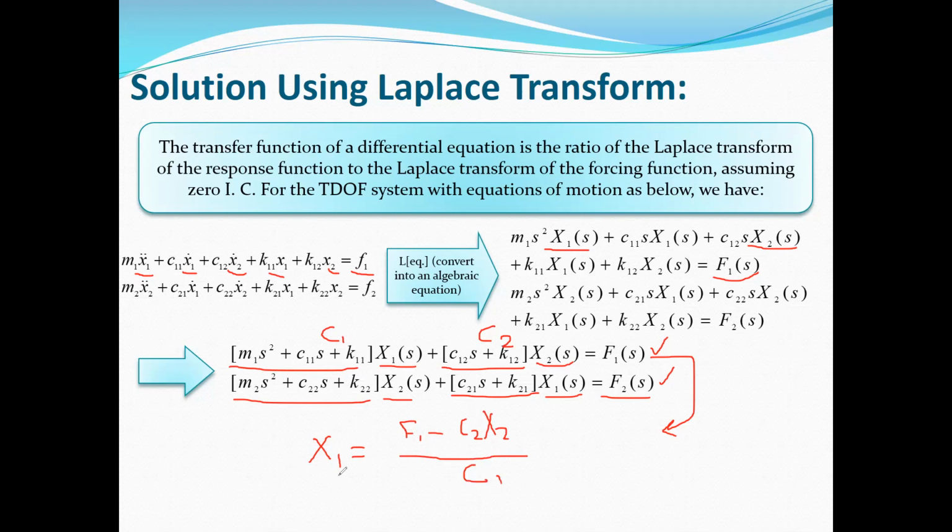Now you can see X1 is a function of X2 and F1. In the second equation, you can substitute this term instead of X1. Then you will see that you have one equation with one unknown, which is X2. And then you can solve it and obtain X2 as a function of F1 and F2. And once X2 is obtained, you can substitute in this equation and obtain X1. So it's up to you.